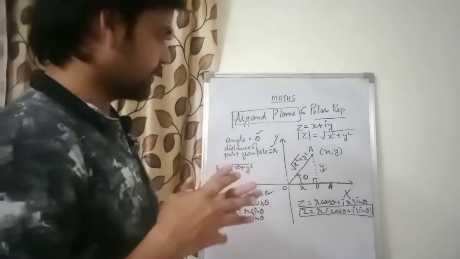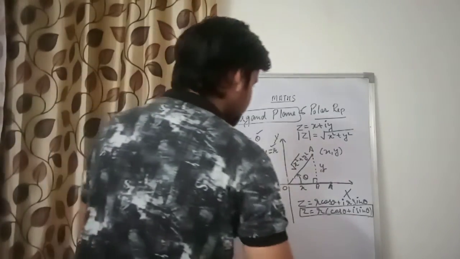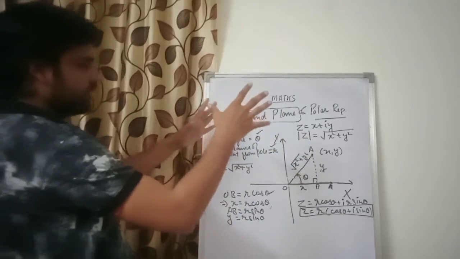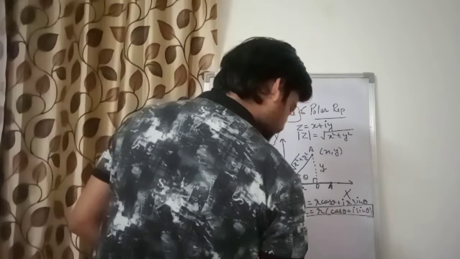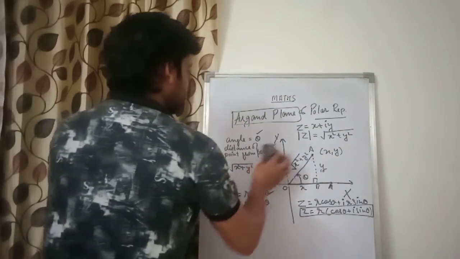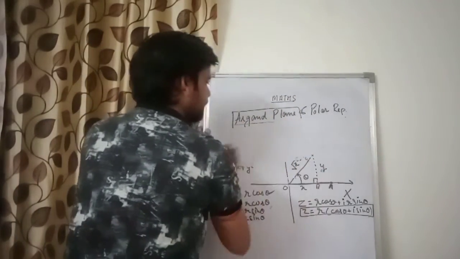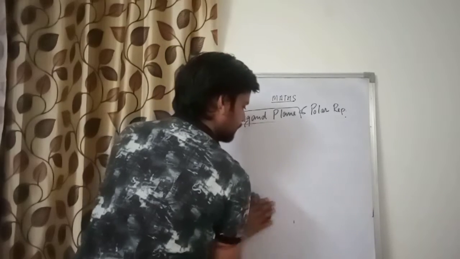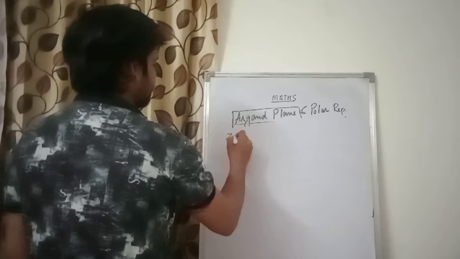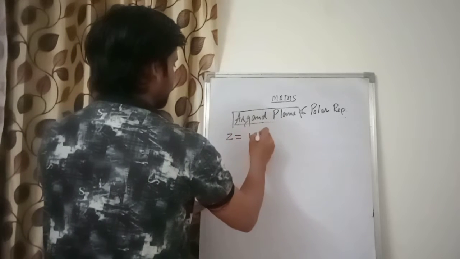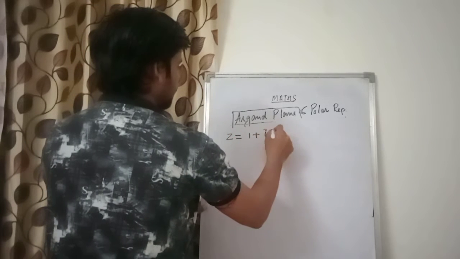Now we will do one question based on this. We will try to represent a complex number in polar form. So let me take one example. Let's take z as 1 plus i root 3. Let us write this complex number in polar form.